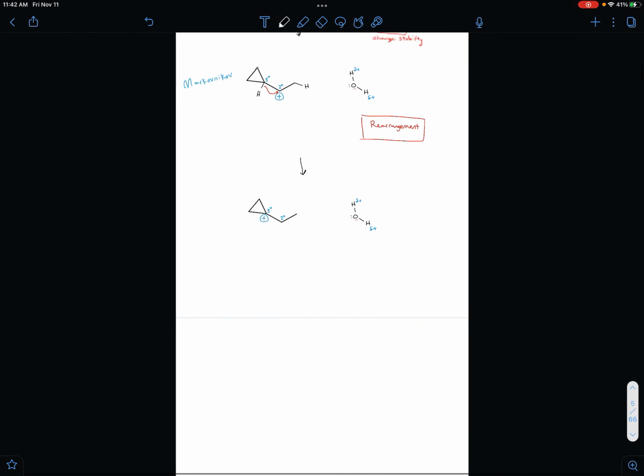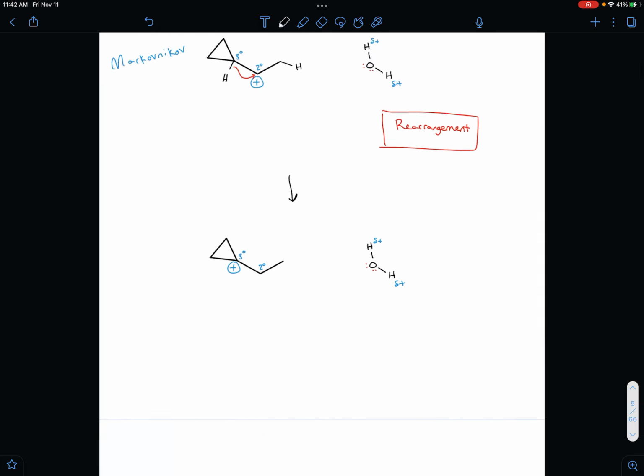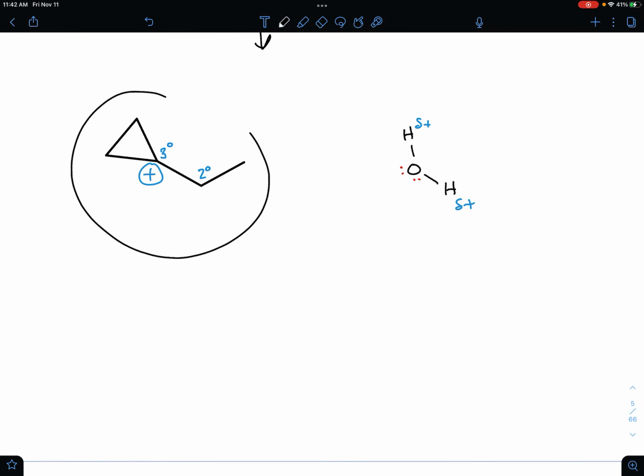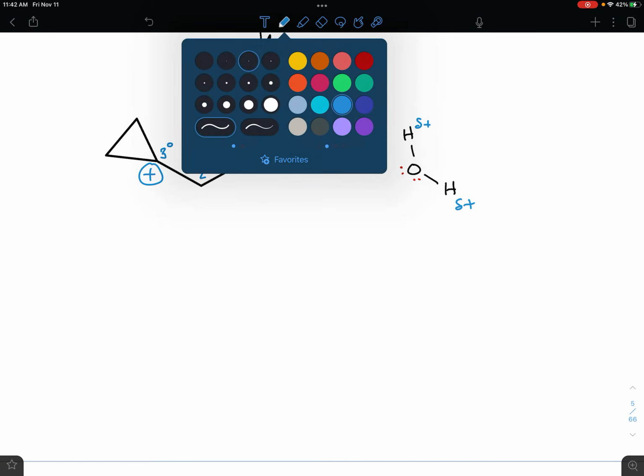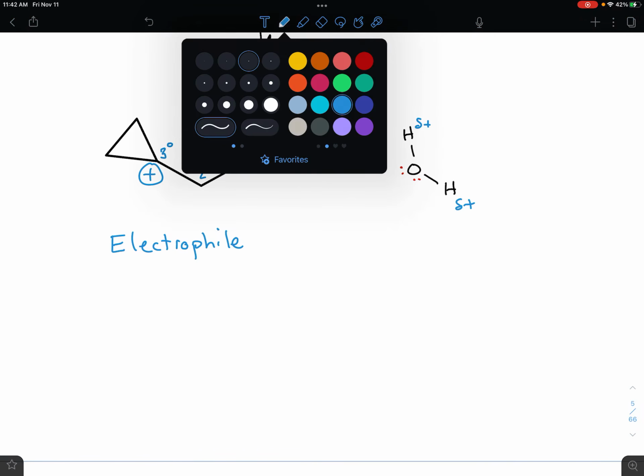So at this point, if you look back and get a bird's eye view of what we've done: the proton transfer, which is always going to happen as the first step. We've done the carbocation rearrangement, which will happen only when there's a more stable position right next door. And so now these two molecules are sort of left in a room. The carbon chain, you want to think of it as a conceptual unit. And in this case, because it has a positive charge, this is going to be our electrophile.